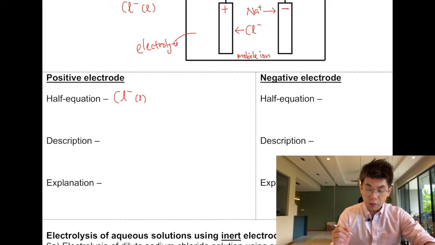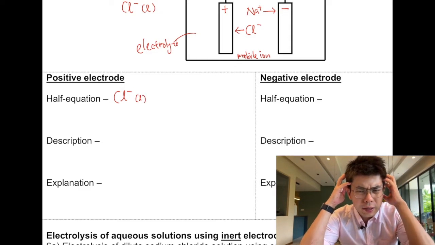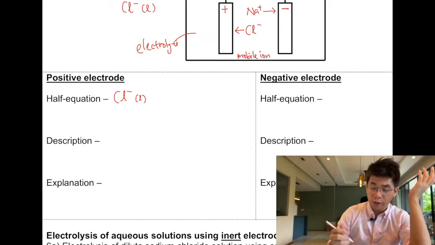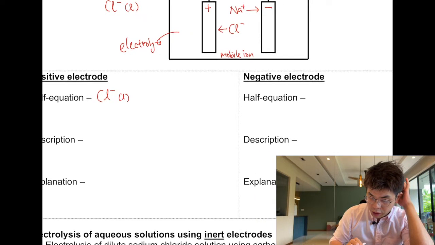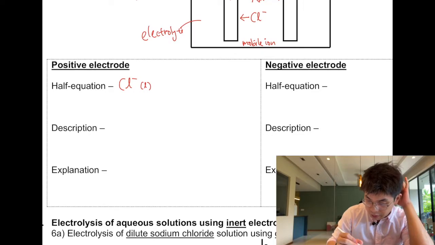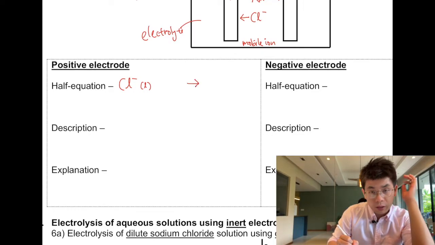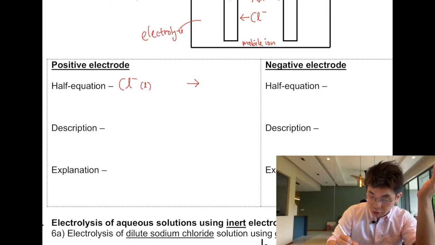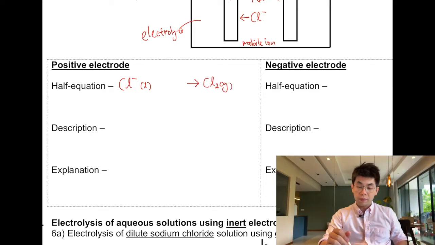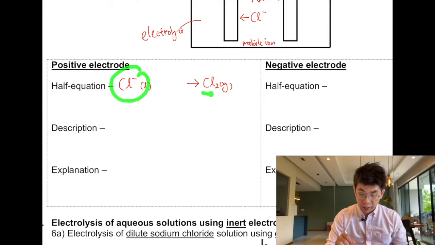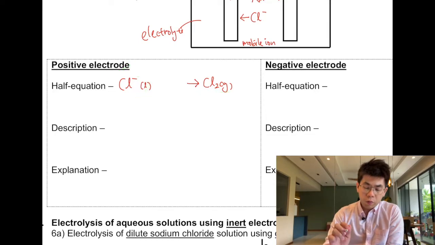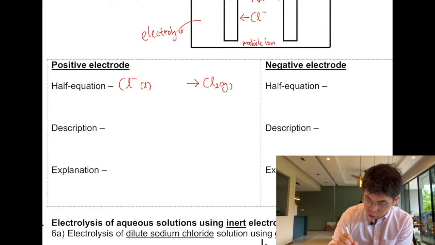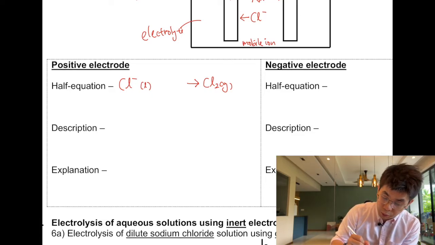Okay, so now we must think, what other things do I know about chloride? What will they form? So make sure you just leave a nice blank. So you must think chloride will become chlorine gas. Okay, chloride becomes chlorine gas. Then after that, I try to balance. Oh, there's 2 chlorine here, so I add a 2.